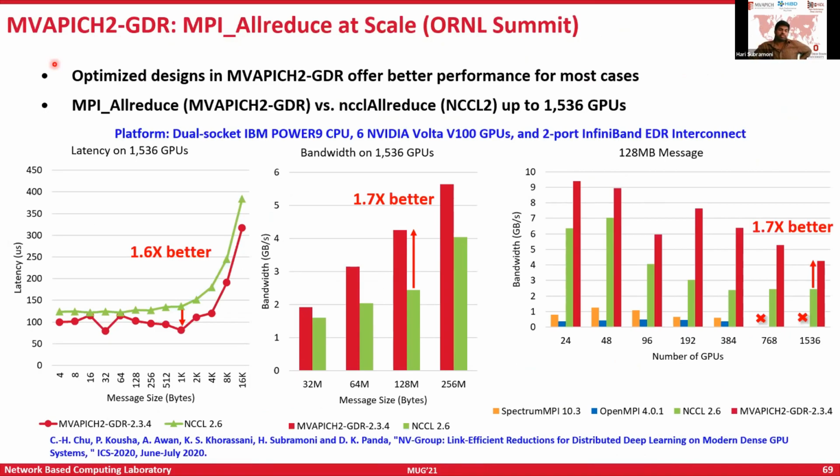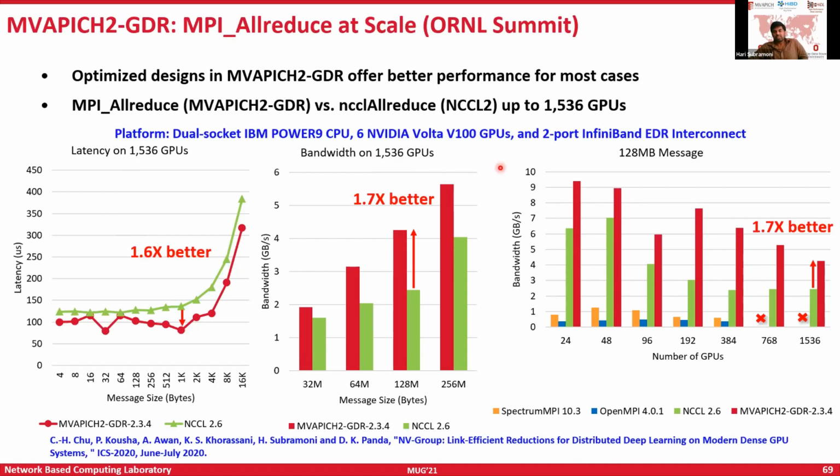This is the performance of MVAPICH2-GDR for MPI allreduce at scale on the Oak Ridge Summit supercomputing system. Here we are looking at two different things: the performance of allreduce for latency as well as bandwidth at 1536 GPUs. We can see that compared to NCCL version 2.6, we are able to do significantly better at such large scales.